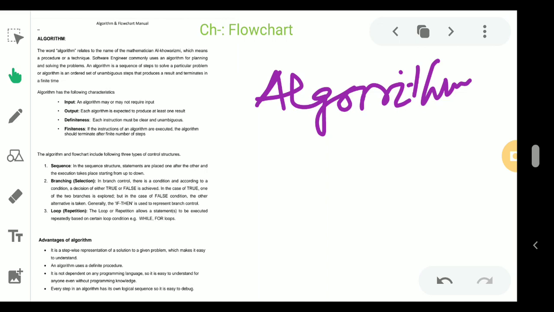So an algorithm, you can normally say, is a sequence of steps.